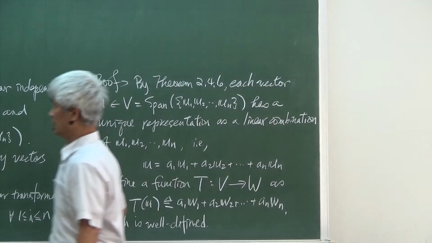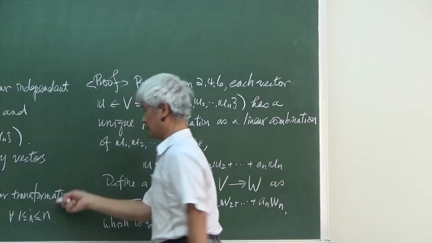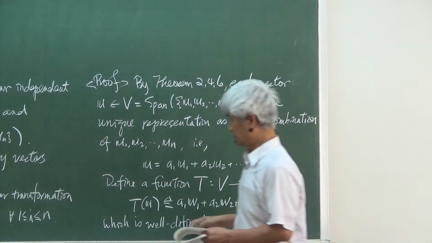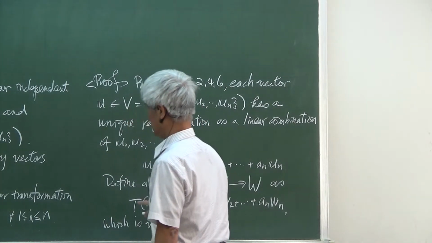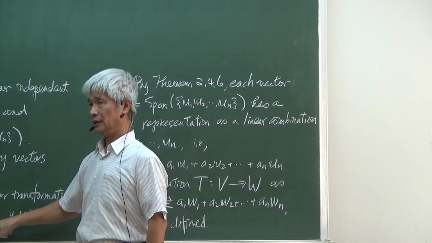Okay, so now we can establish a function. But what we want is a linear transformation. So we have to check that this is a linear transformation and satisfies this requirement.